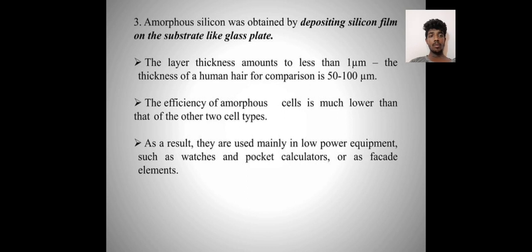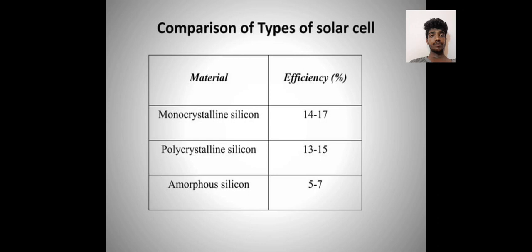The efficiency of amorphous cells is much lower than the other two cell types. They are therefore used mainly in low power equipment such as watches and pocket calculators.